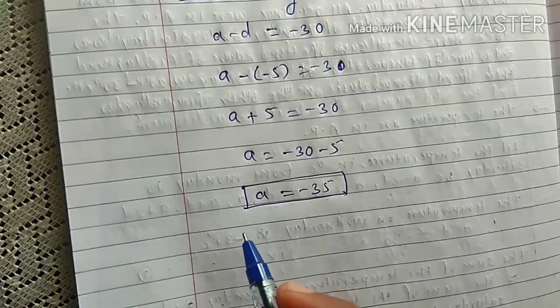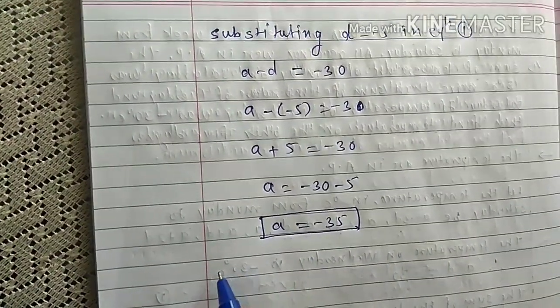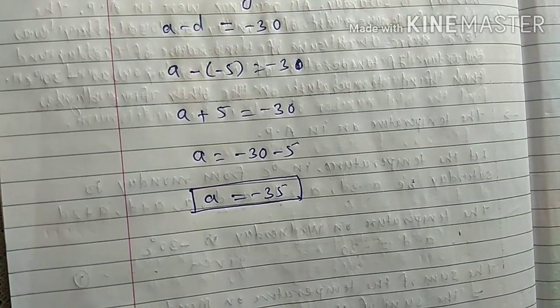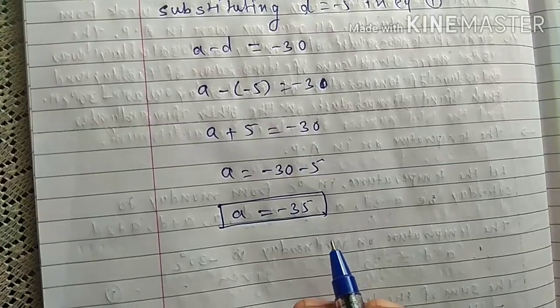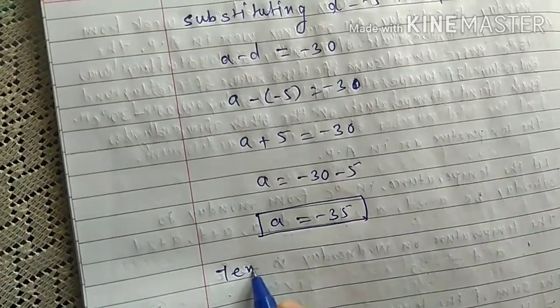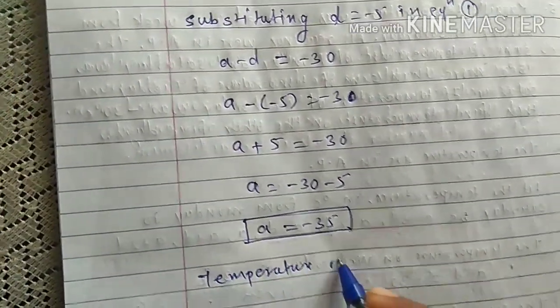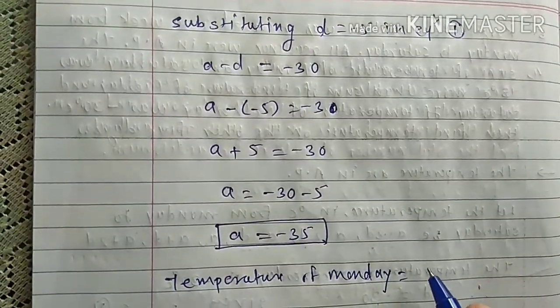So what do we have to find? Temperature. Find the temperature of the other 5 days. So temperature of Monday. What is Monday's temperature?